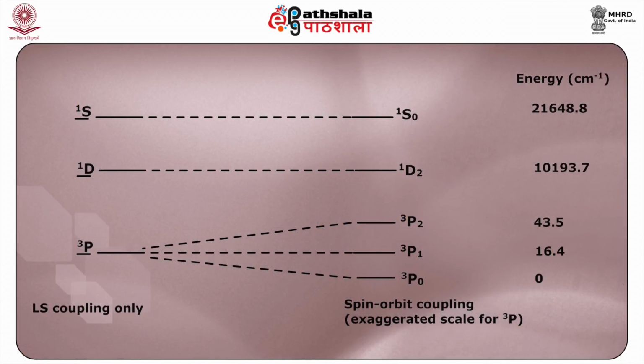Free ion terms are very important in the analysis of the absorption spectra of coordination compounds. Spin-orbit coupling acts to split up free ion terms into states of different energies. For example, the triplet P term splits up into states of 3 different energies as can be seen.